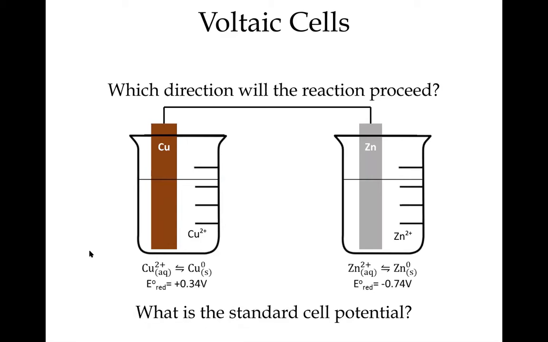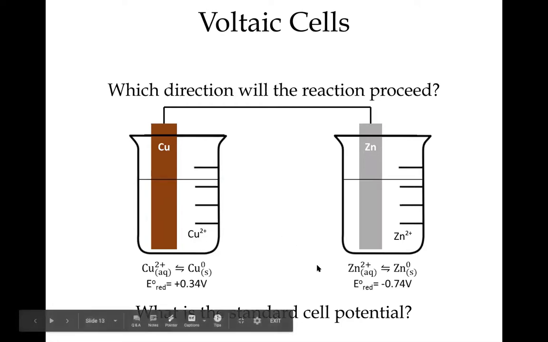Now, there's another way that we could easily determine this just by looking at this E degree value. This is the cell potential, if you will. It's negative 0.74 for zinc, and over here for copper, it's positive 0.34.